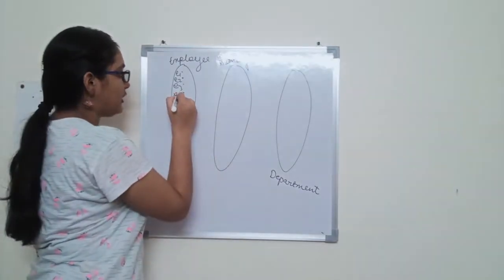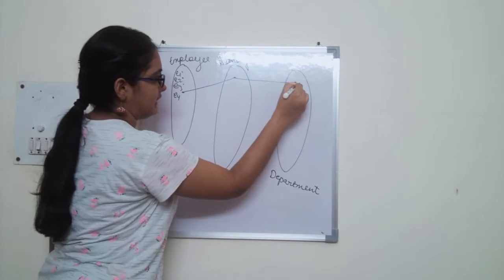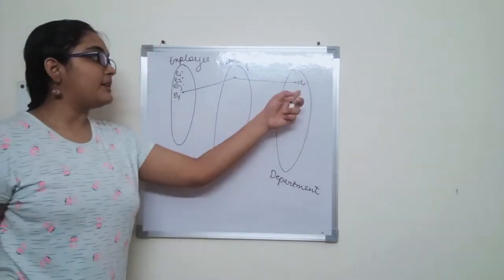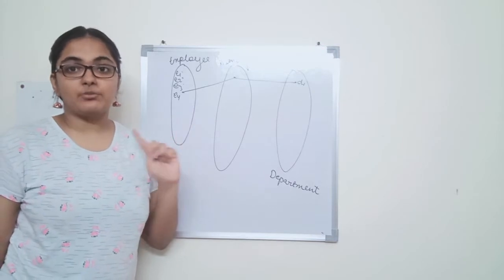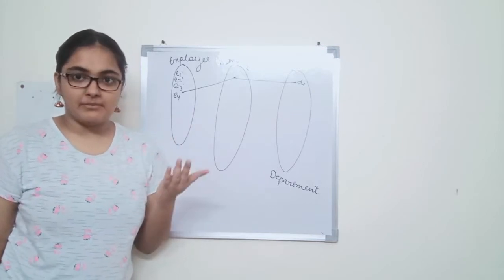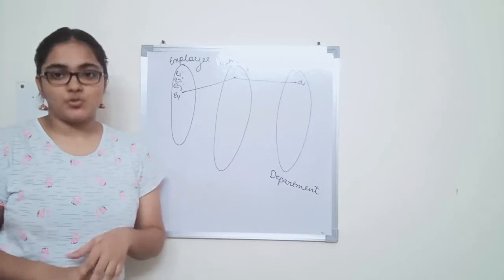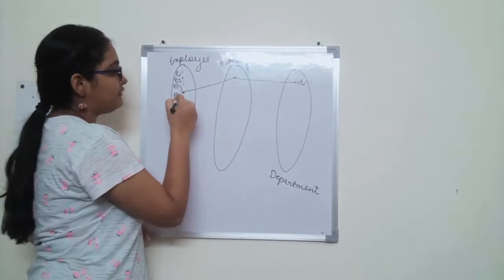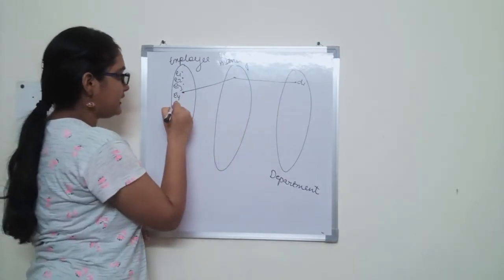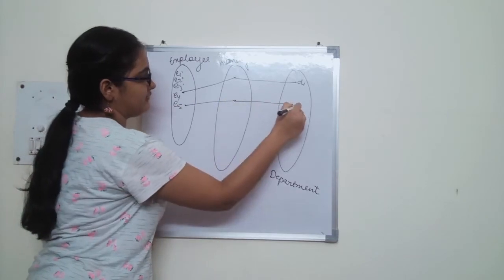And now there is employee E4 who manages department D1. But every department has to have a manager, and a department has to have at most one manager. It cannot have many managers, and also an employee can manage at most one department.